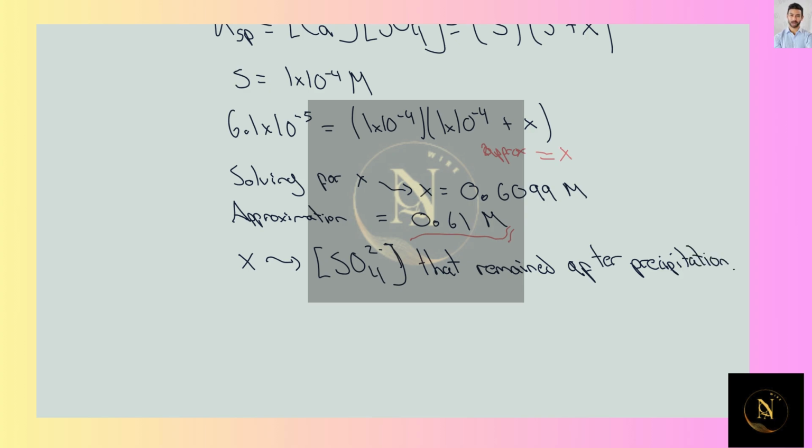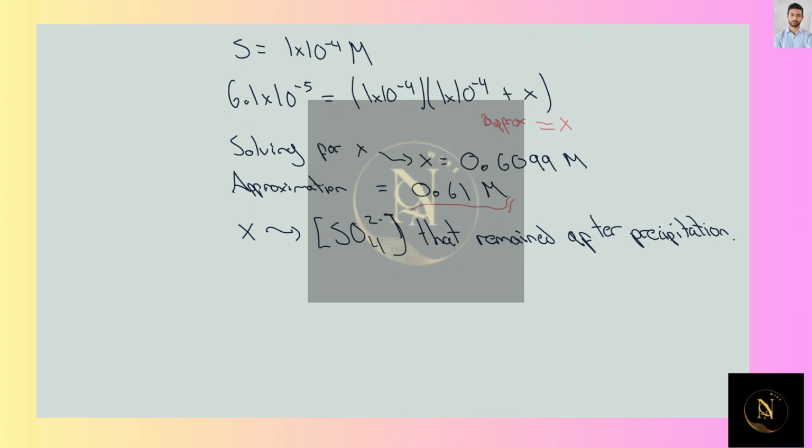Now, the other thing that we need to take into account is that that is in concentrations. So we need to convert 0.61 moles per liter into the amounts of millimole that we need to add.